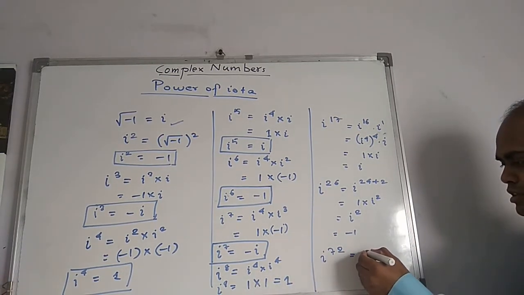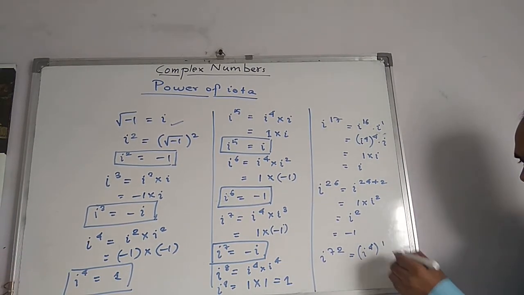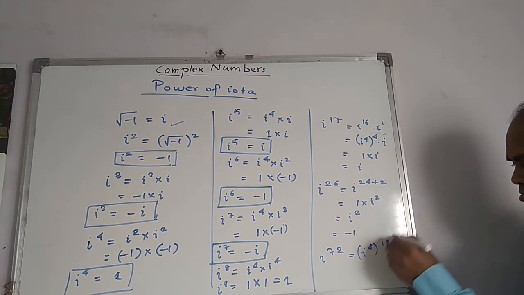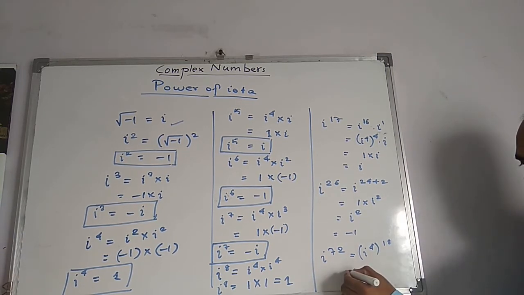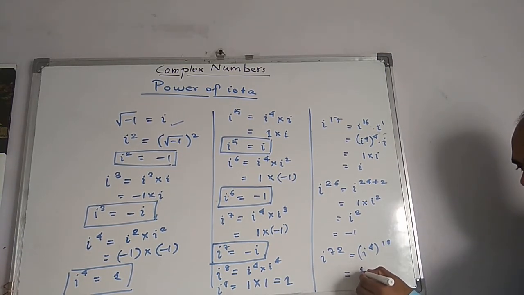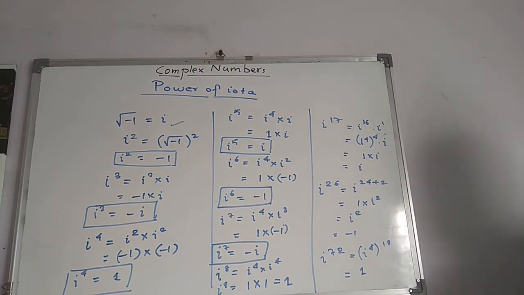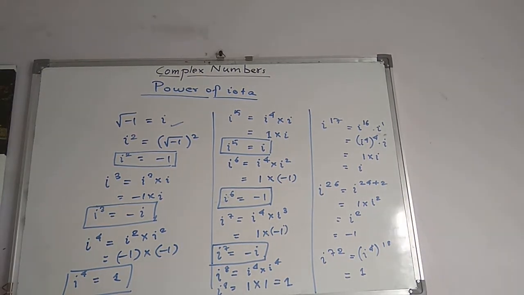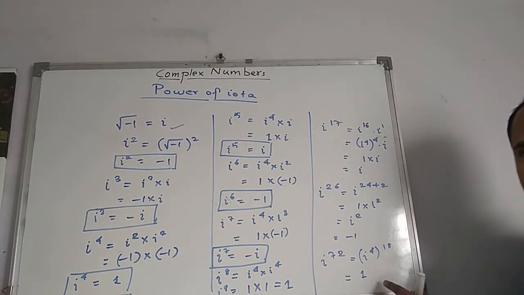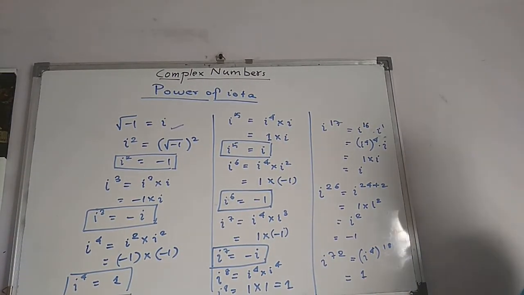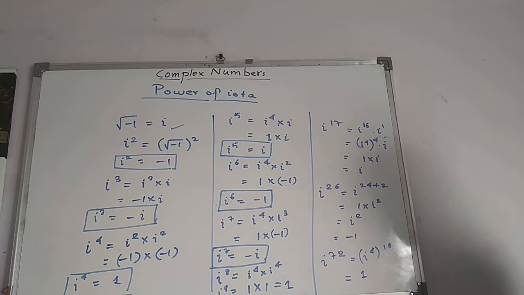Or we can write it as iota raised to 4 whole raised to 18, and iota raised to 4 is 1, and 1 raised to 18 is 1. So we have 1 here, right? I hope you understood the explanation. Any doubt? Any query? Okay. Let's move ahead.